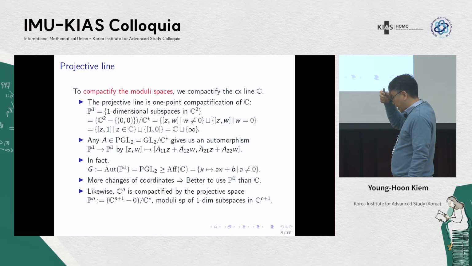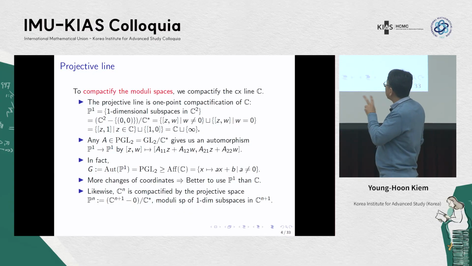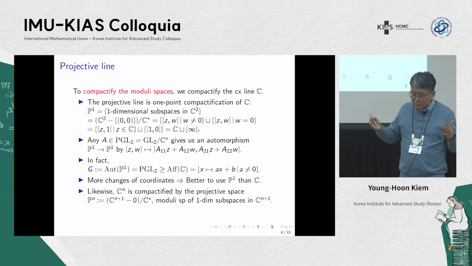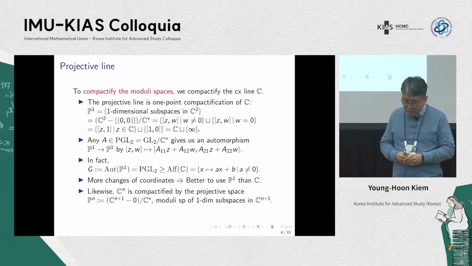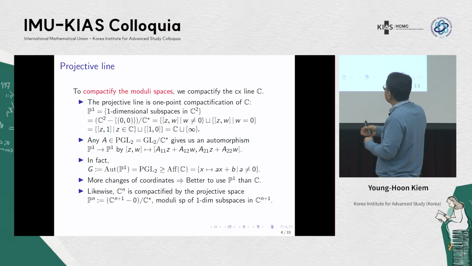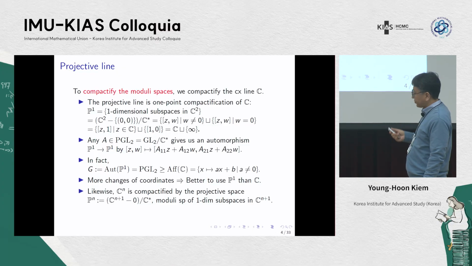A point in C^2 is represented by two complex numbers, Z and W. So this bracket [Z, W] means the equivalence class, or the orbit, represented by (Z, W) with respect to the C star action, which is scaling.